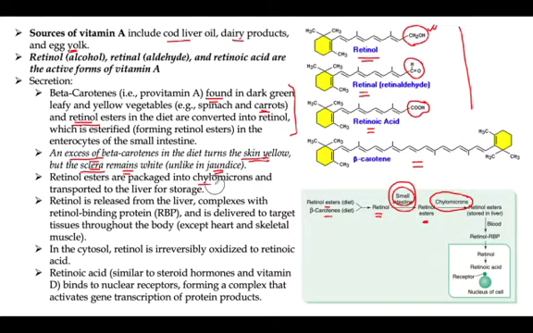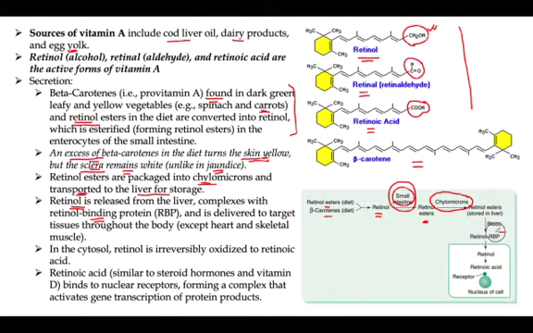And these chylomicrons, which take up retinol esters, transport these esterified retinol to the hepatocytes for storage. If there is a requirement of retinol by any cell, this retinol is released from the hepatocyte in complex with a particular protein called retinol binding protein.